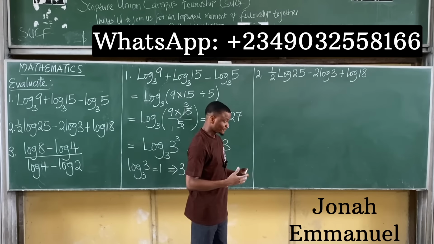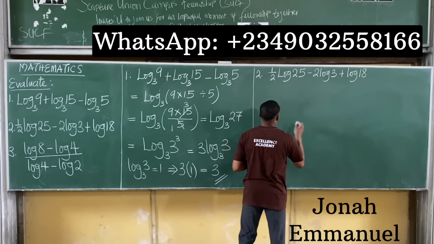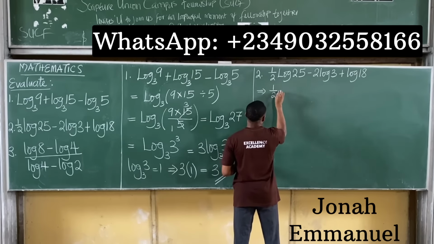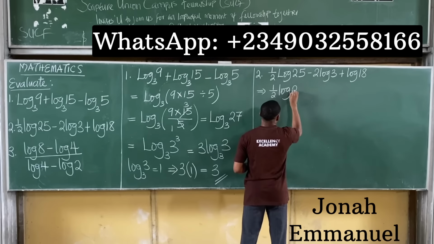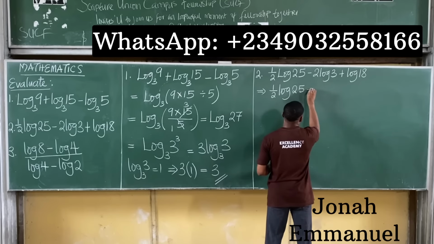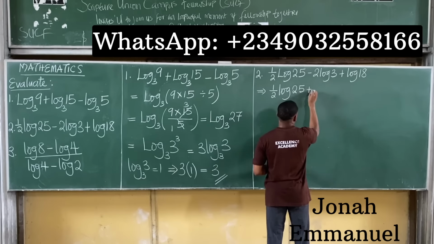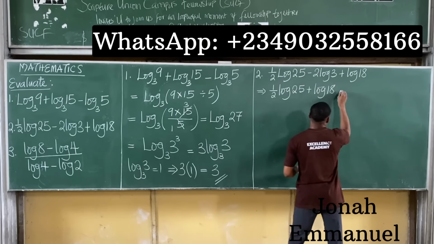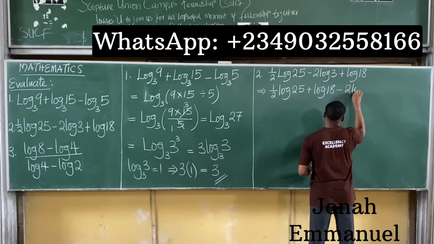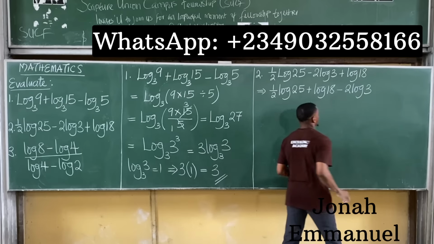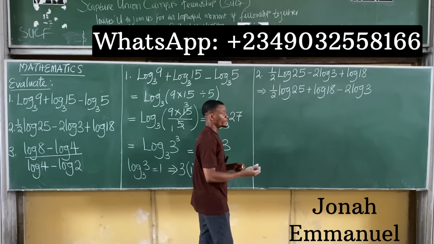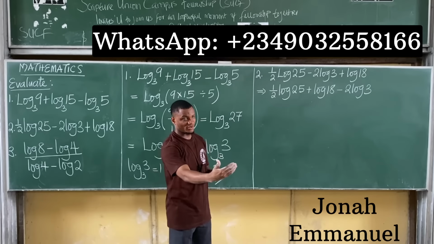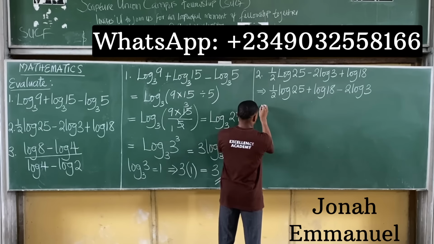So I will rearrange this to become half into log 25, so I'm bringing the addition first, plus log 18, then minus 2 log 3. Please note this: bring up the addition first and then shift the subtraction to the extreme.